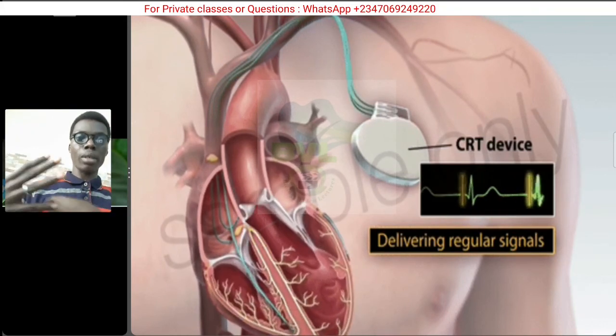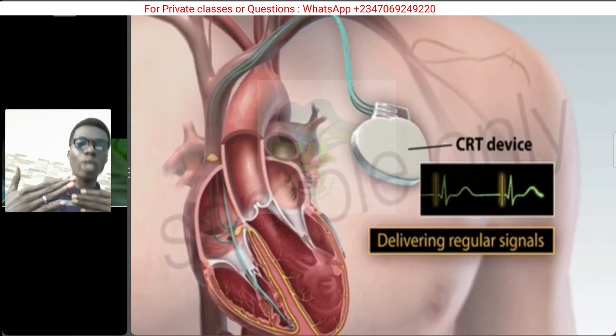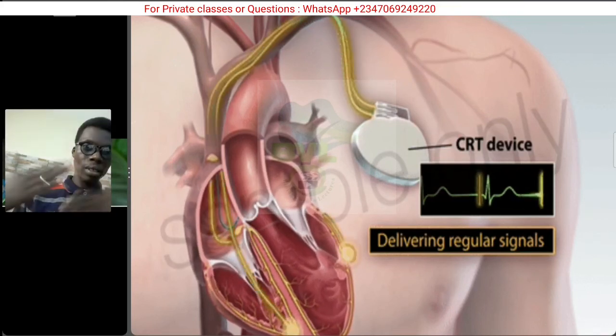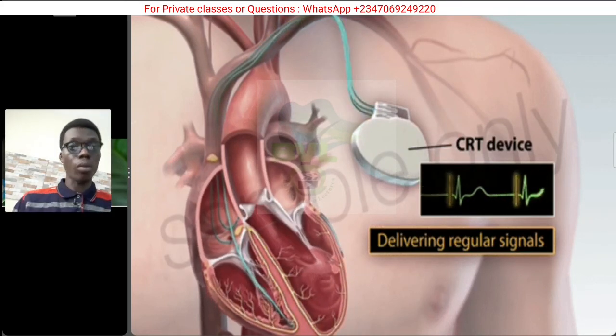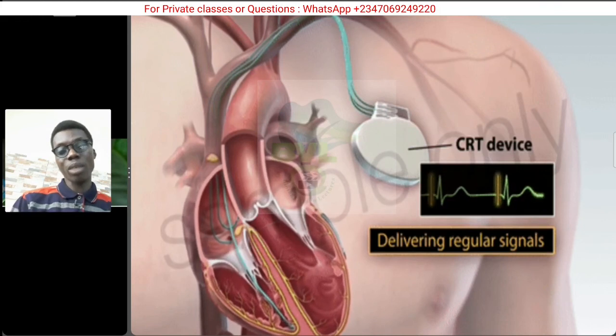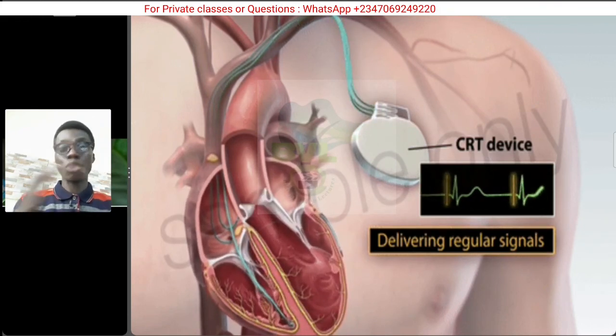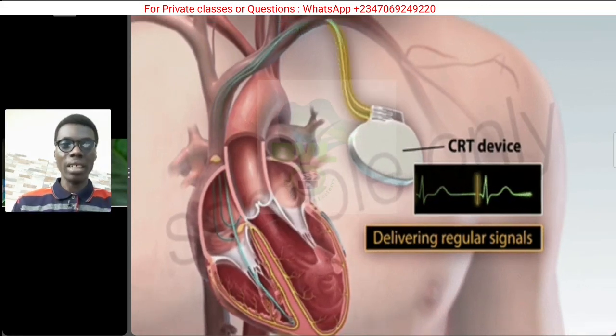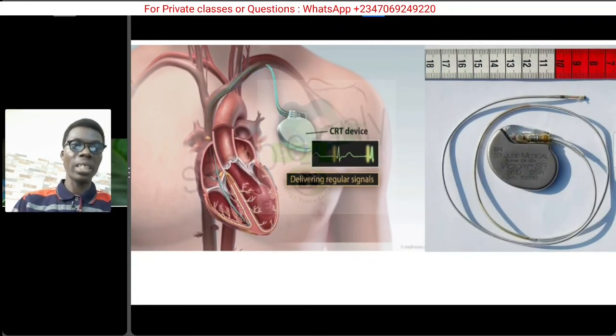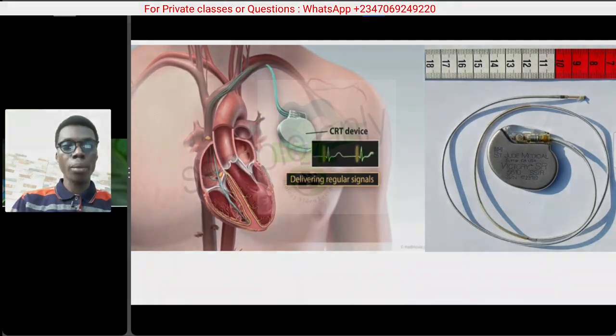Pectoralis is the muscle of the chest. So it's there like that. It could work for years actually. However, sometimes it could cause some sort of wound around there. That's as good as it is, but it has its disadvantages basically. But this is an artificial pacemaker of the heart.